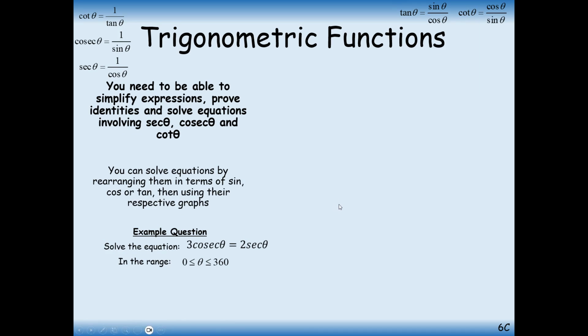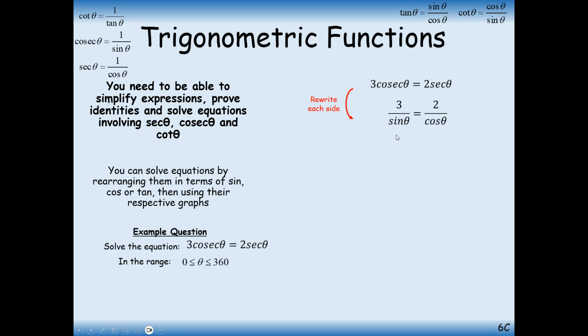So we'll leave the 3 on top of the fraction, and we write 3 over sine theta on the left, and on the right we can write 2 over cos of theta, because in this case we have some coefficients. Having written that, we know that in this kind of situation we can use the fact that sine divided by cos is tan.